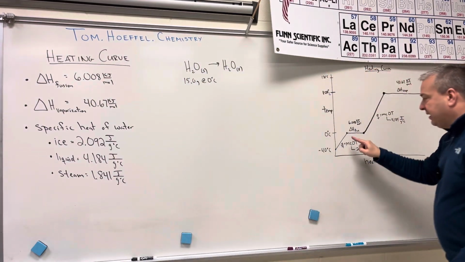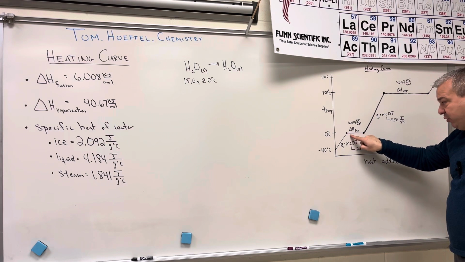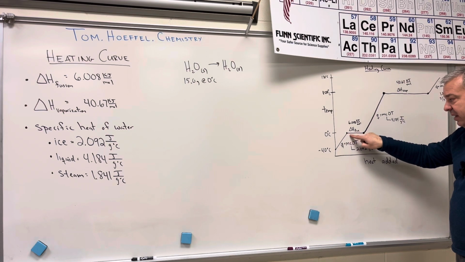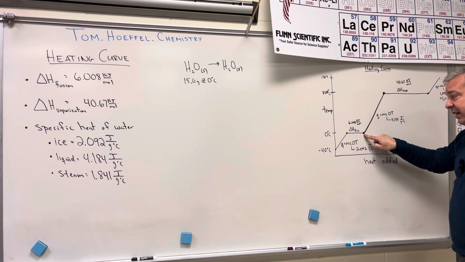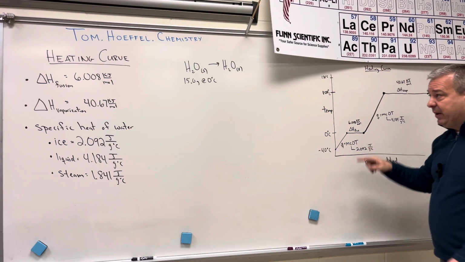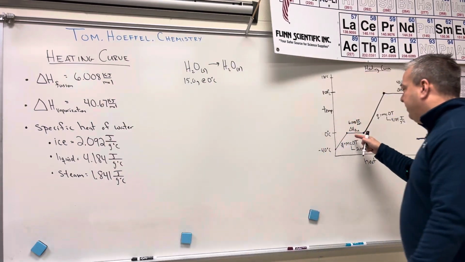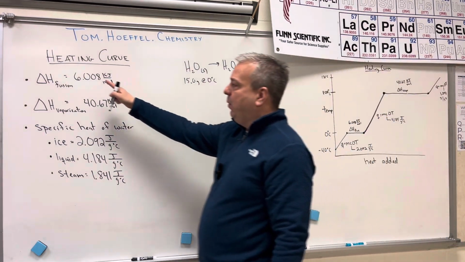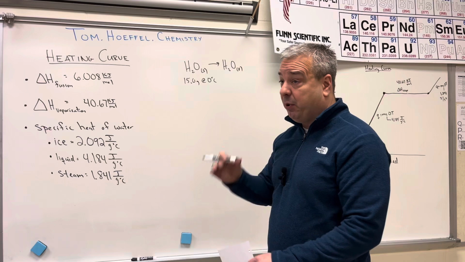So basically, we're at this part of the heating curve, and I want to melt that ice. So I want to turn it from a solid to a liquid, because right here the water is a solid, and over here the water is a liquid. Okay, so what we're going to have to do if we're at this part of the heating curve is we're going to have to use the heat of fusion, or this number right here, which is 6.008 kilojoules per mole.